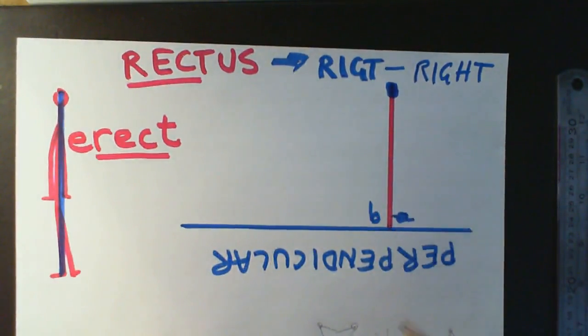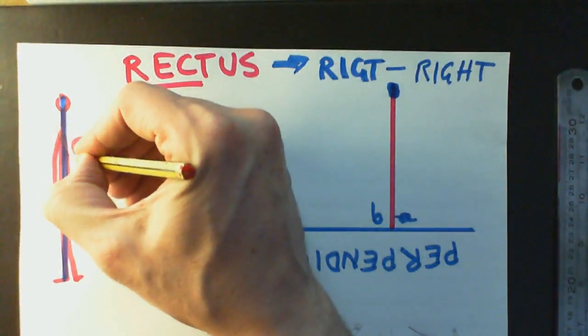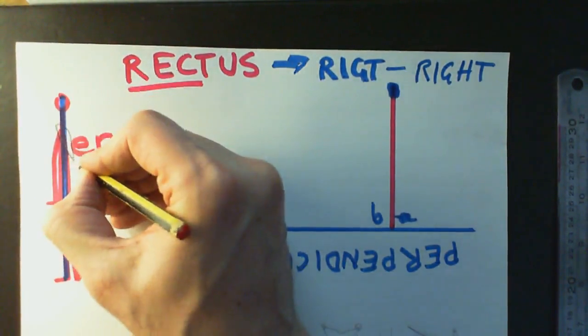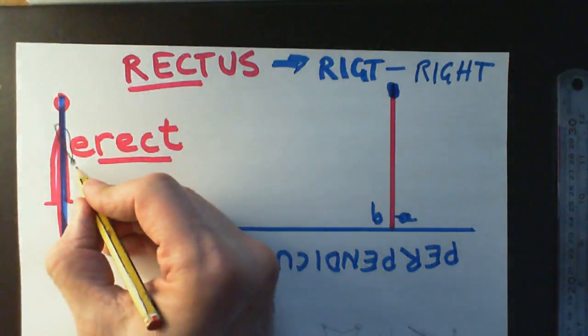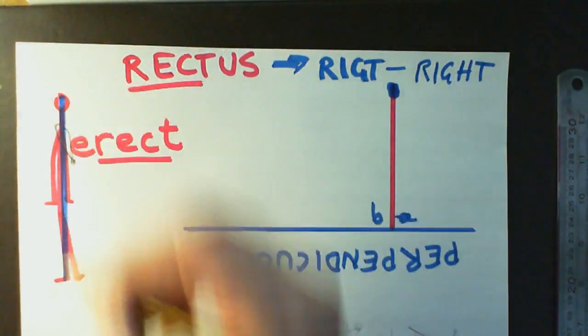Remember that here's Johnny, and he is wearing a pendant. There it is. It's hanging around his neck. There's his pendant. And the pendant is not perpendant, because it's going off at a side.